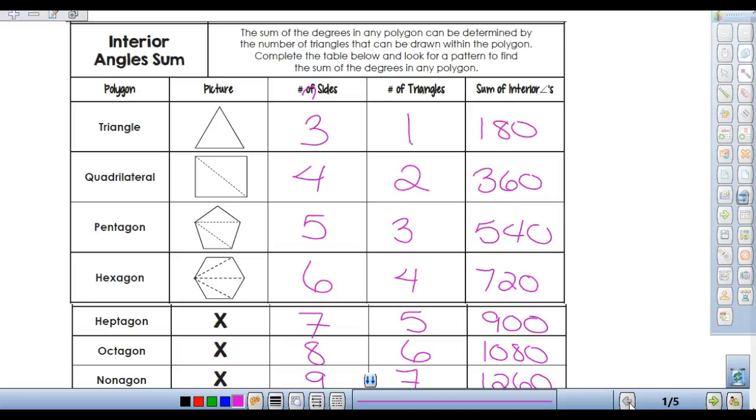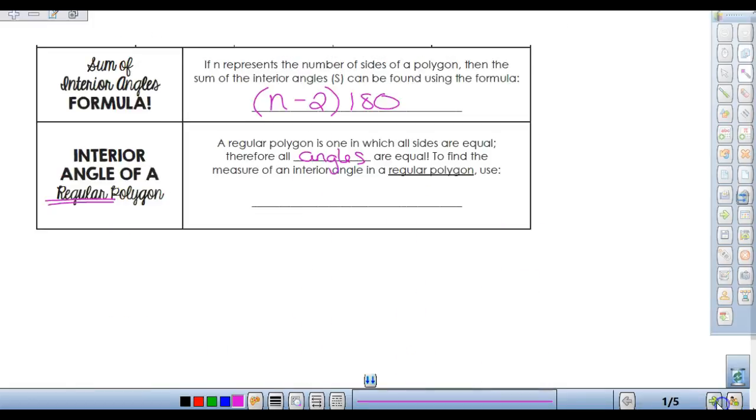What would I do? I would take 900 divided by the number of sides. So we're going to take that n minus 2 times 180, which gives us our total. And then we're going to divide by the number of sides or the number of angles, which are going to be the same. If it's got 8 sides, it's going to have 8 angles.